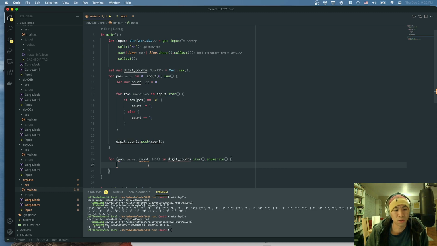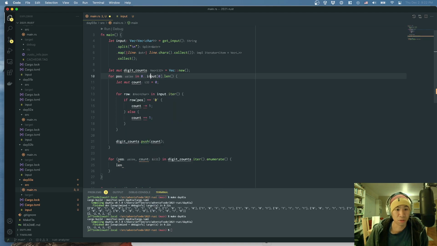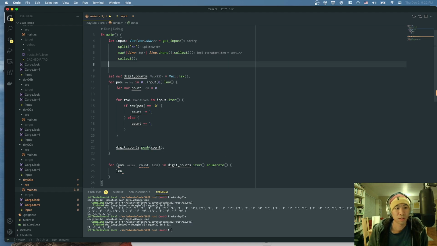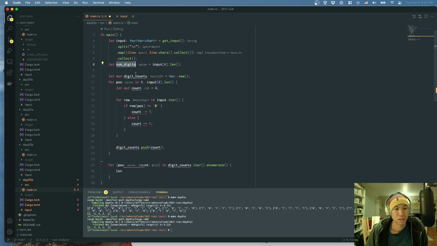If we're in the 0th position, we're basically going to take the length, which is 12. Let's put that into a variable up here. Let's call it num digits. Use that there.